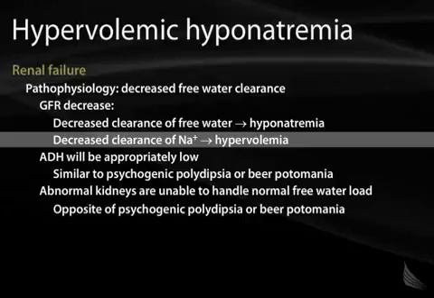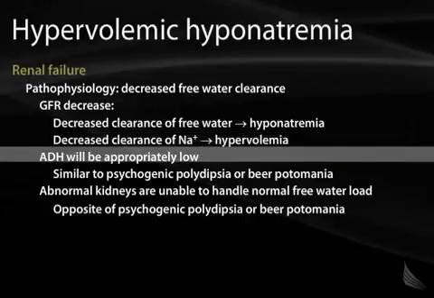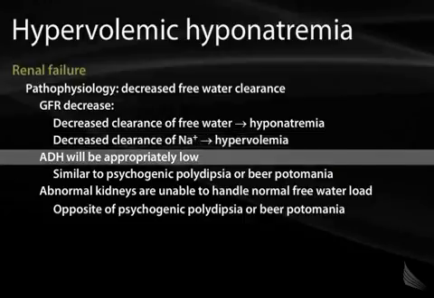In this case, in contrast to congestive heart failure or cirrhosis with ascites or nephrotic syndrome, ADH will be appropriately low. It's just that the functional nephron units available for free water clearance are so low that, depending on water intake, hyponatremia can develop.